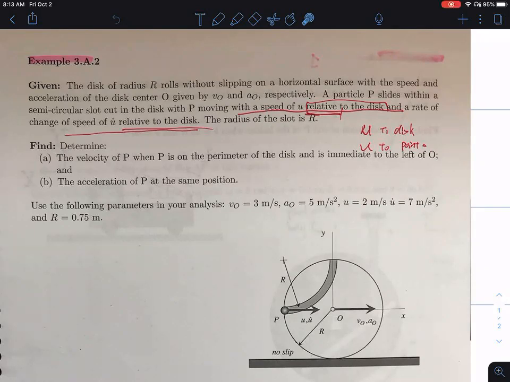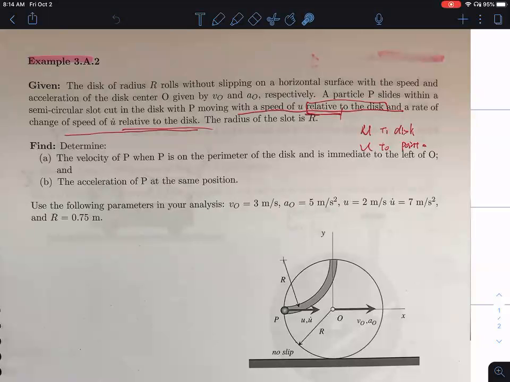We also know a particle P slides within a semicircular slot cut. Interesting. There's a cut here, a semicircle, and the particle P can only move inside of this cut.